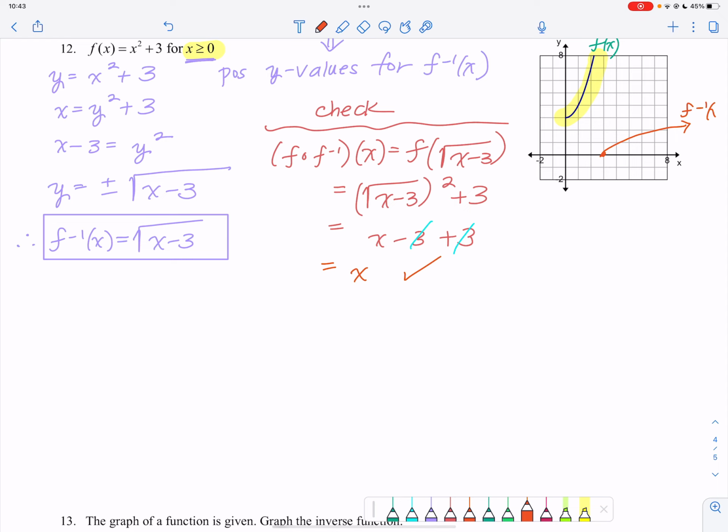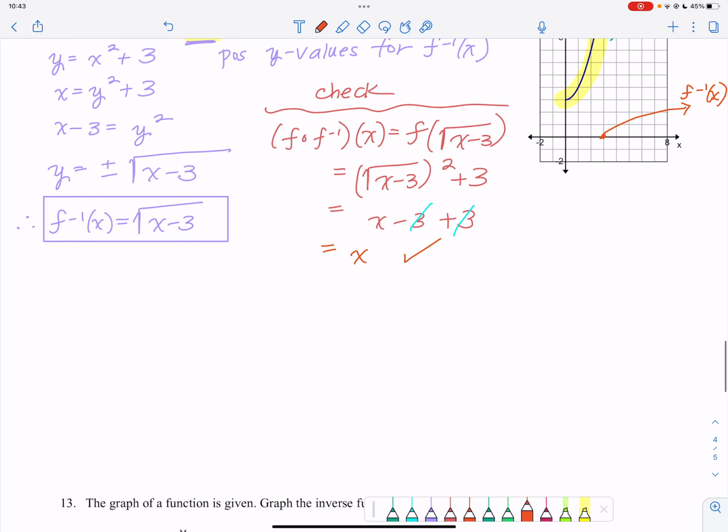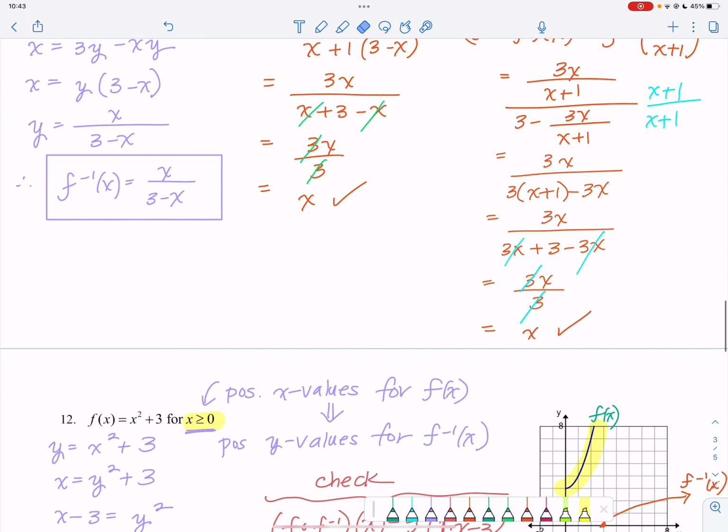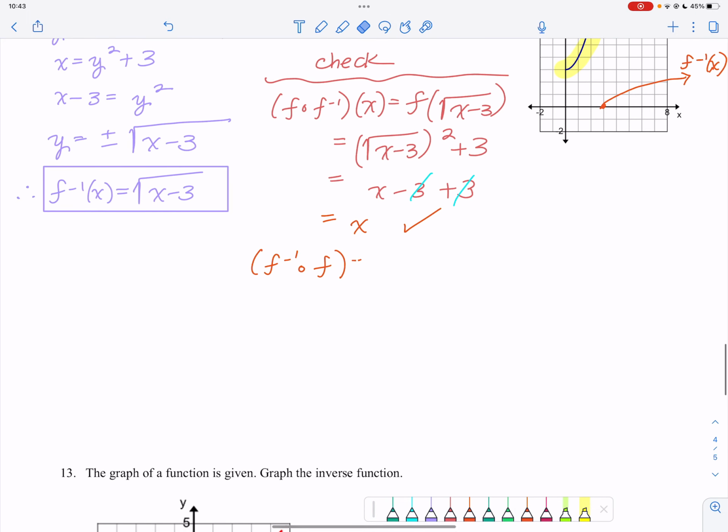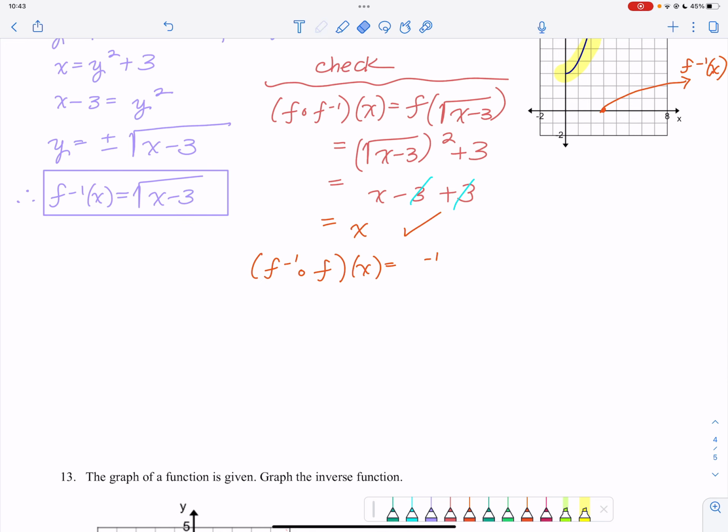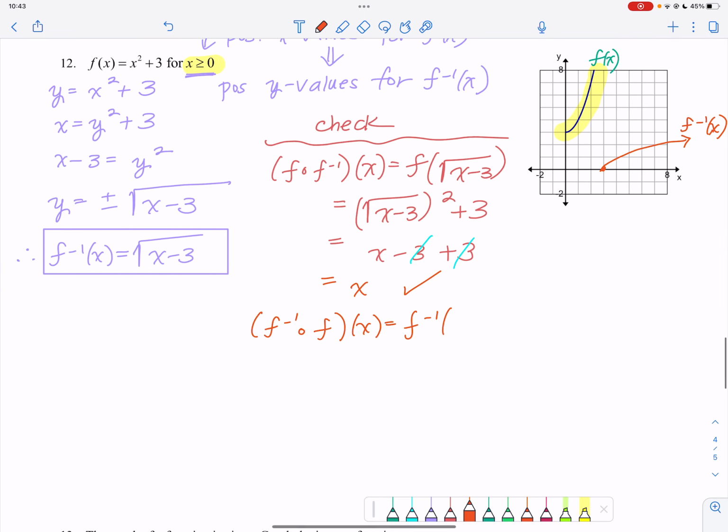And this is f inverse of x. Okay, how about f inverse composed with f of x? That's f inverse of x squared plus 3.